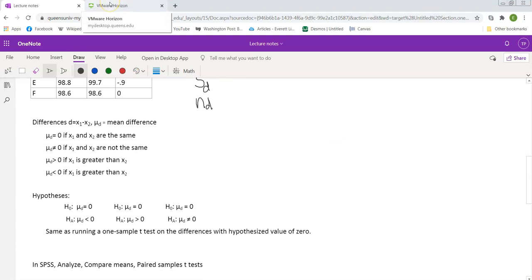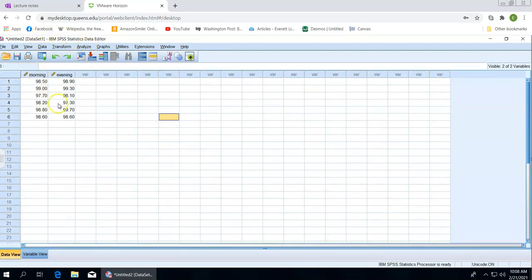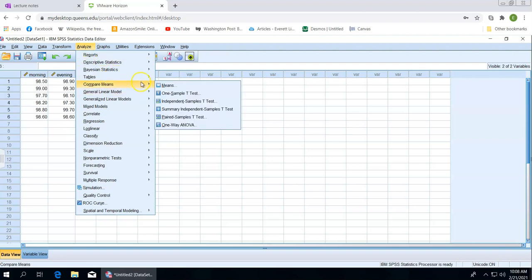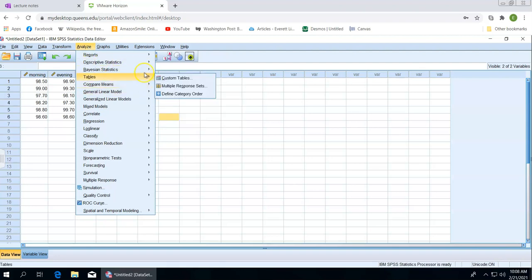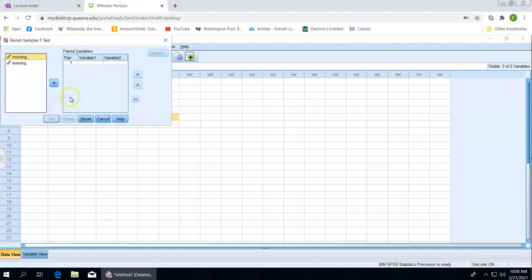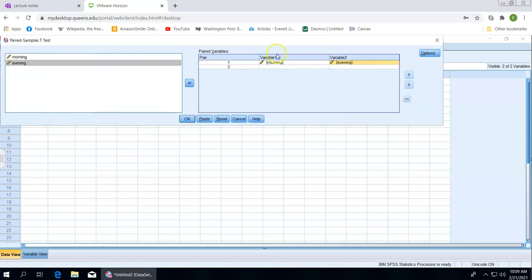So I went ahead and put this data into SPSS. To run the paired samples t-test, you just go to Analyze, Compare Means, Paired Samples t-test, and then you move your two variables over to variable 1 and variable 2, and then you just click OK.